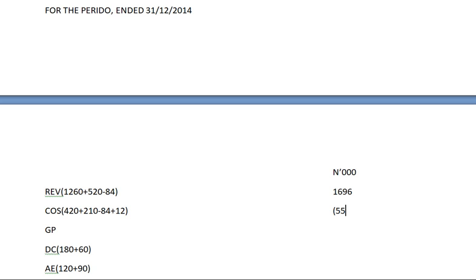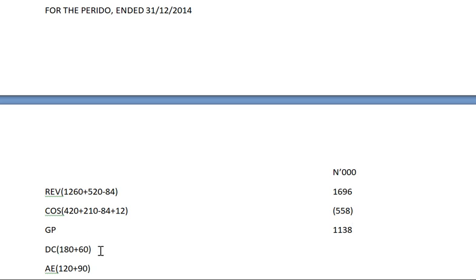Don't forget, you less your cost of sales from revenue to get your gross profit. So minus 1696. So gross profit is 1138. It's as simple as this. It's not something that is difficult. That's our gross profit.